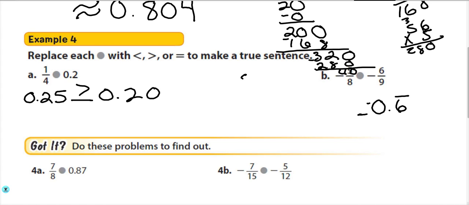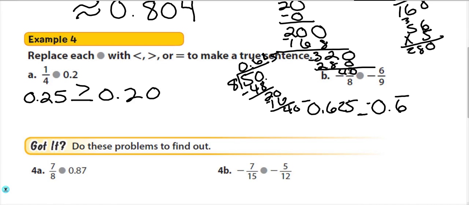So let's do 5 inside the house, 8 on the outside, and that's going to be 6, 48, 2, 0, 16, 4, 5. So we get 0.625.